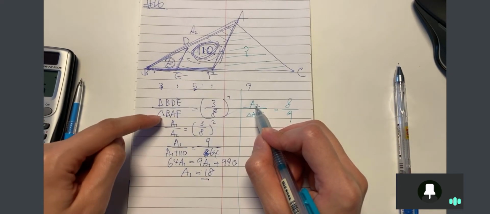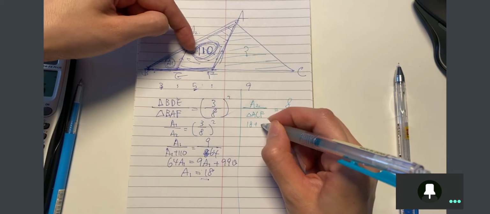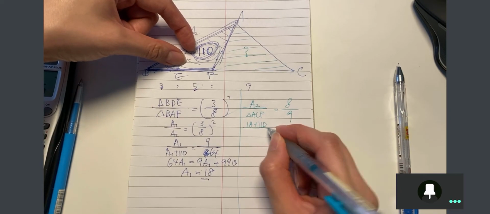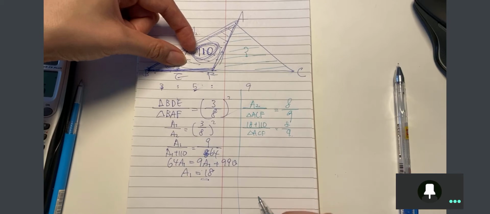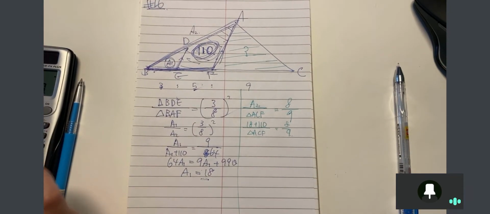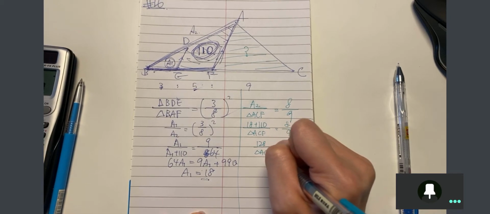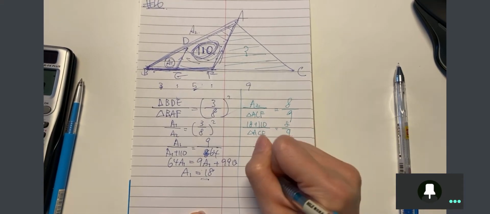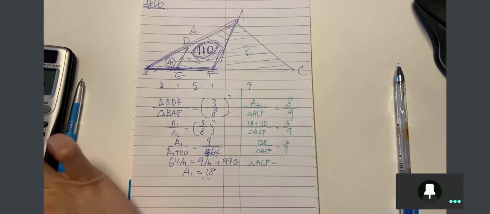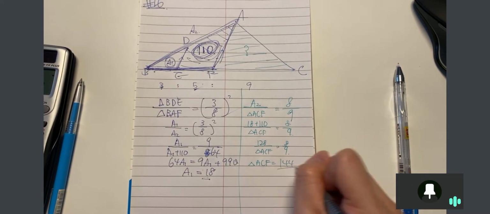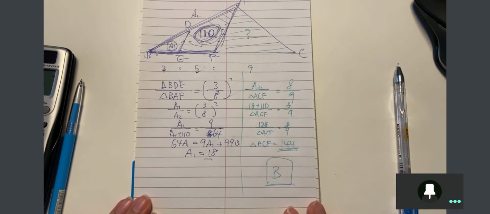A2 is 18 plus 110. So you can find out by solving the equation. The answer is 144, which is B.